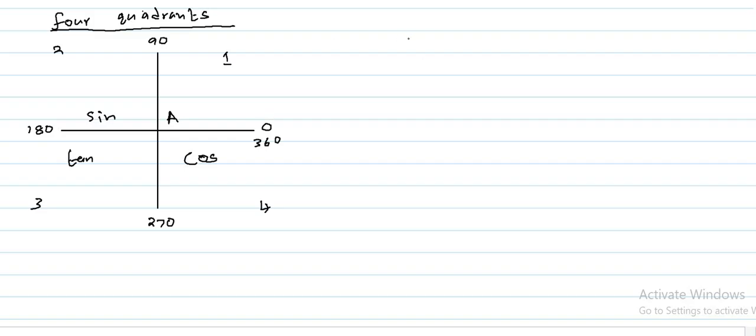It says that any function of 180 plus or minus theta can be written as the same function of theta. It's 180 plus or minus theta or 360 plus or minus theta. So this can be written as a function of theta.